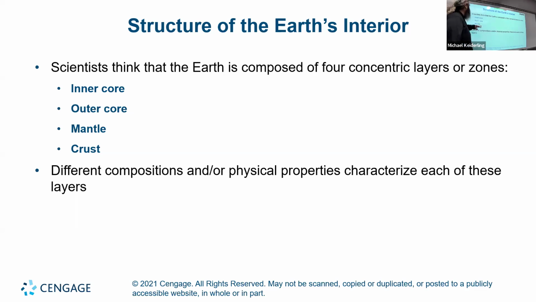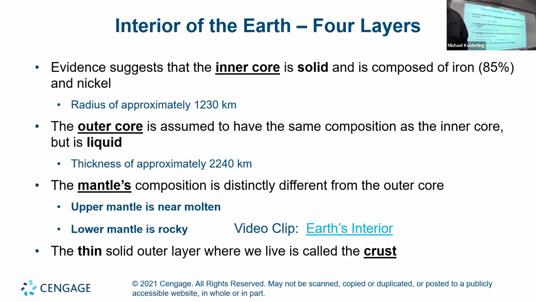So the crust is a different composition than the mantle. The outer core and inner core have a different composition than the crust and the mantle as well. And then there's some variations in the mantle by how stiff and or soft it is.